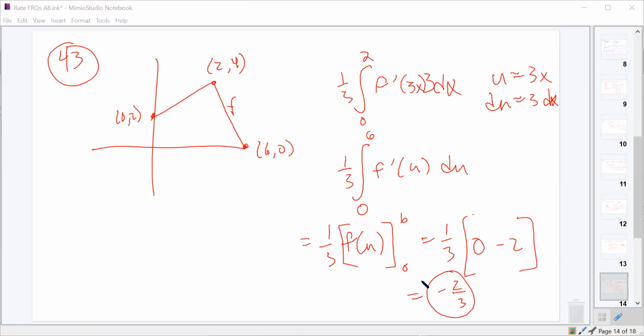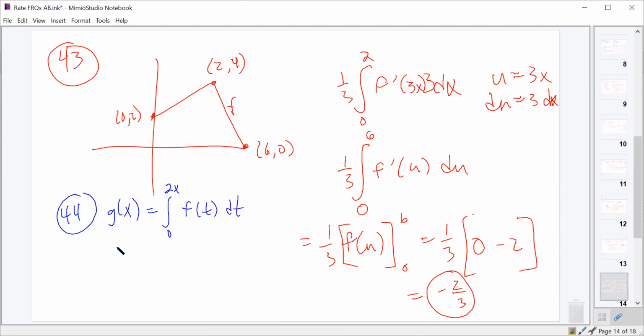All right, let's do 44. Do this on the same page since it's using the same graph. 44 says g of x is the integral from 0 to 2x of f of t dt. We want g prime of 1.